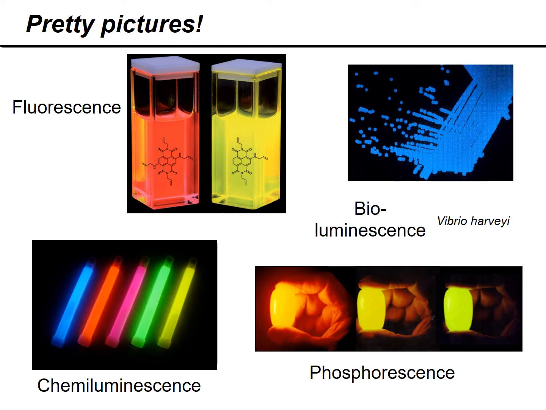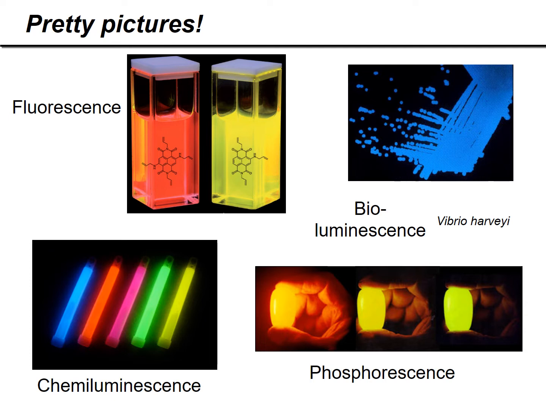Probably concentration is around a few micromolar, so there's not much material in there. And the solvent's probably something like ethanol or chloroform. And the cuvettes are just sitting there under a UV lamp, so you can see that the molecules are absorbing the UV light and then fluorescing nice red on the left and yellow on the right.